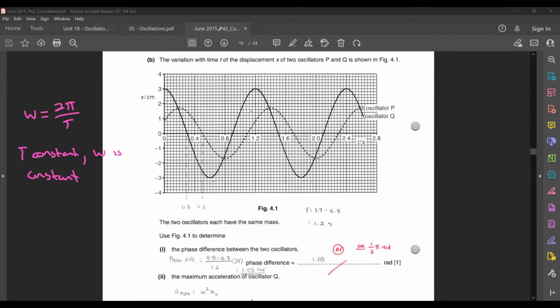Looking at your graphs, this one is the period of oscillator Q and this one is the period of oscillator P. The period will be 1.2 seconds for the pink line, and also 1.2 seconds for the green line. So both have the same period, and obviously omega will be constant.